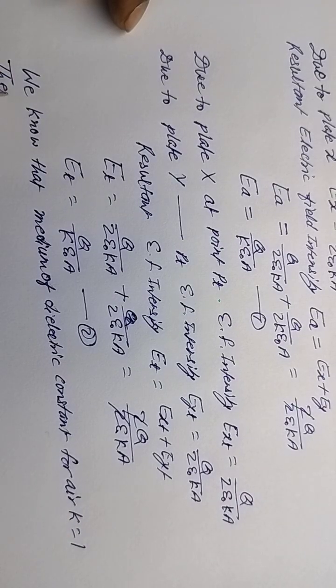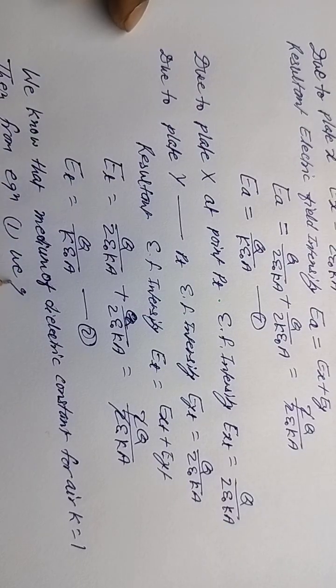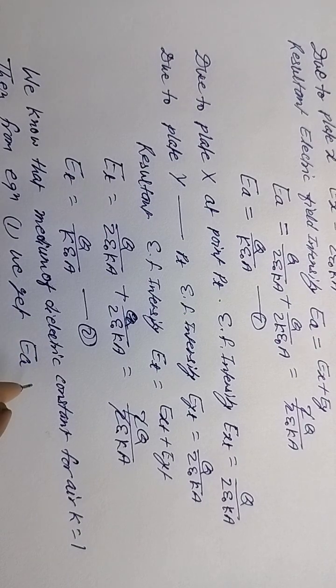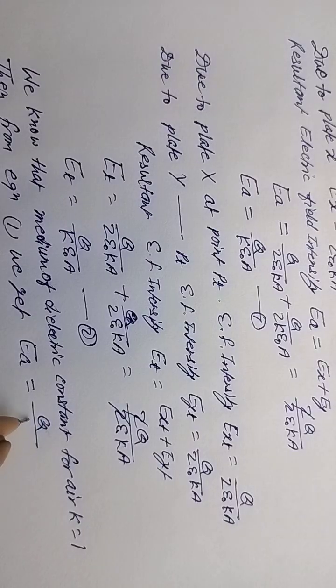Then from equation 1 we get EA, the electric field intensity for air, equal to Q upon epsilon 0 A. This will be equation 3.